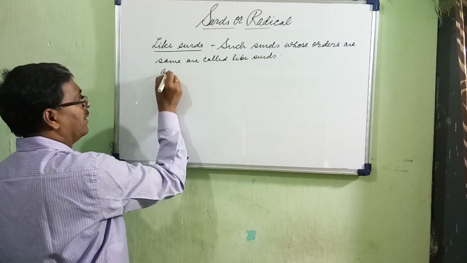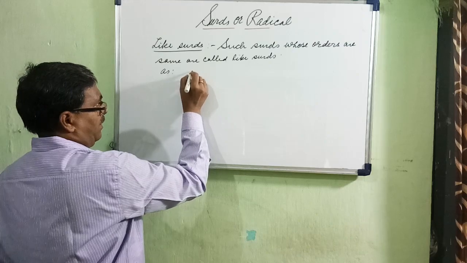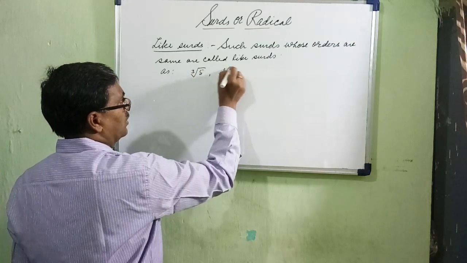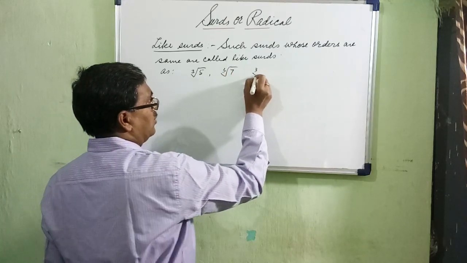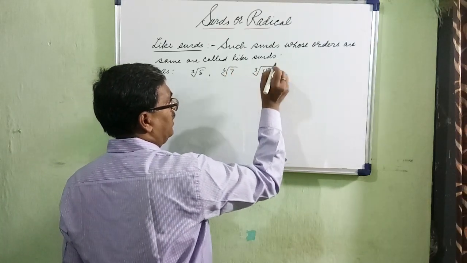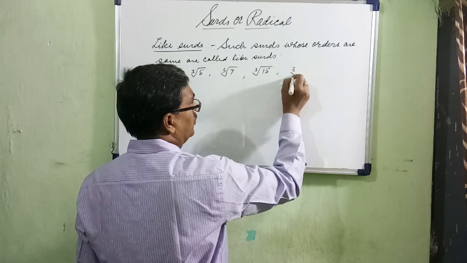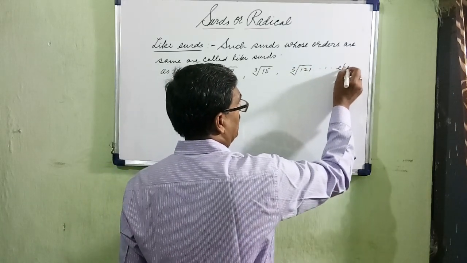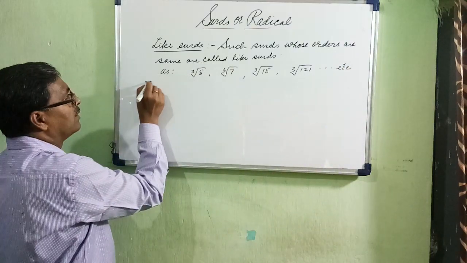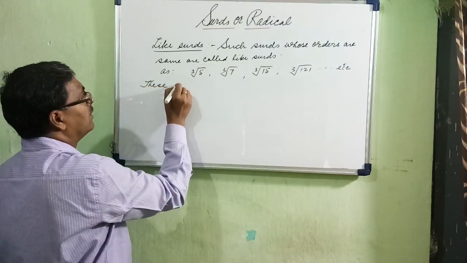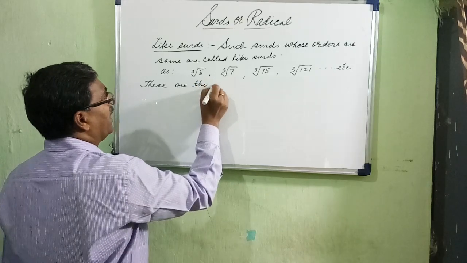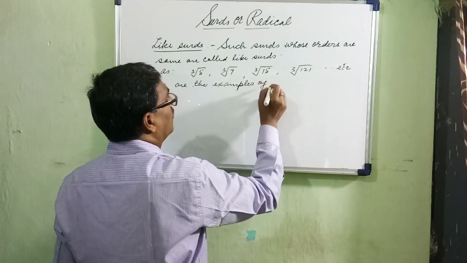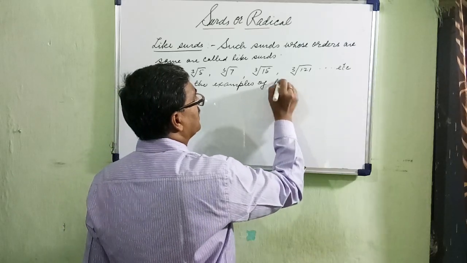For example, cube root of 5, cube root of 7, cube root of 15, cube root of 121, and so on. These are the examples of like surds.